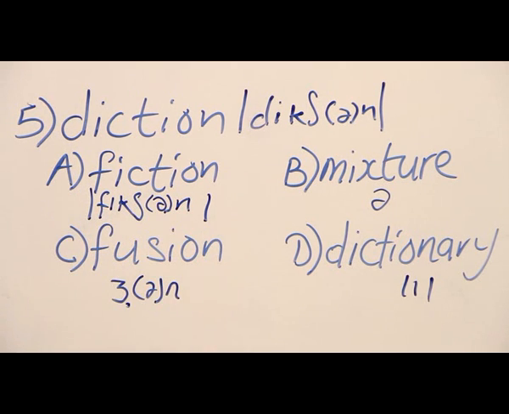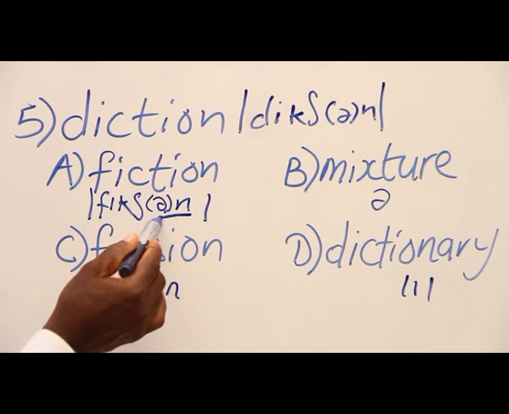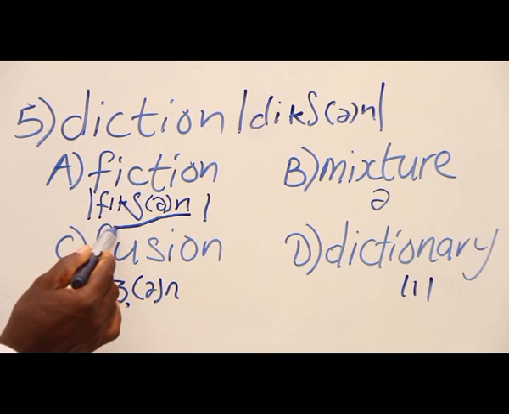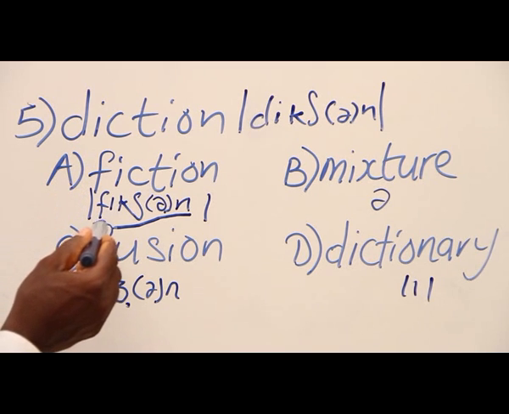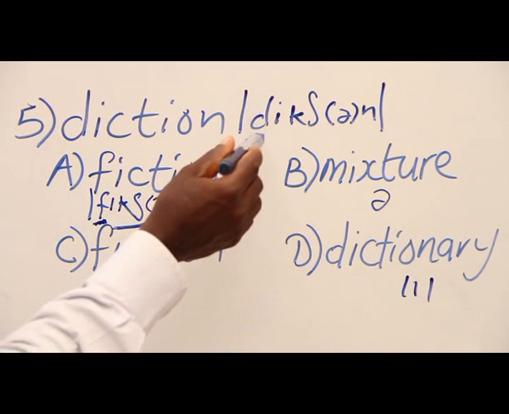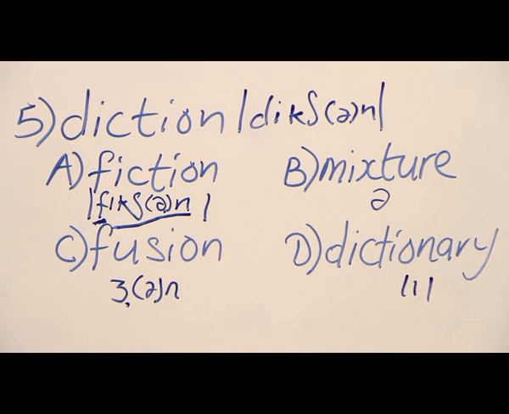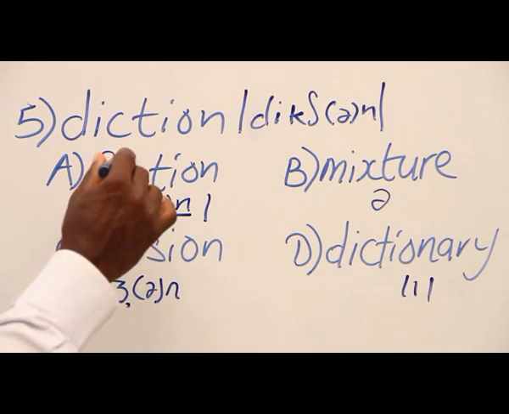So you can see that this word rhymes with the given word up to 5 sounds. So the only thing that differentiates it from the given word is this fricative that is here, while this one has a plosive. So that is the point. Our answer therefore here is option A.